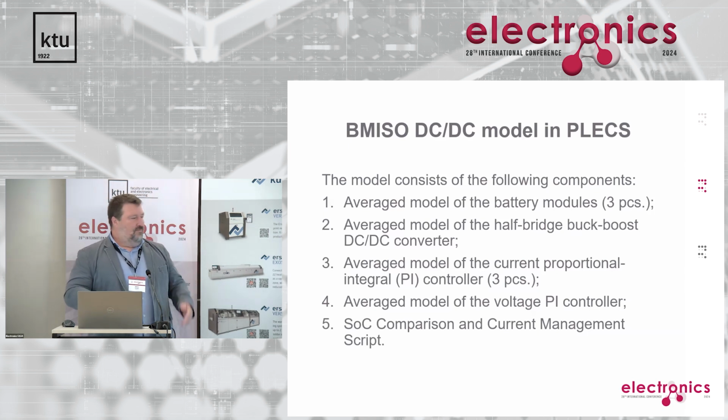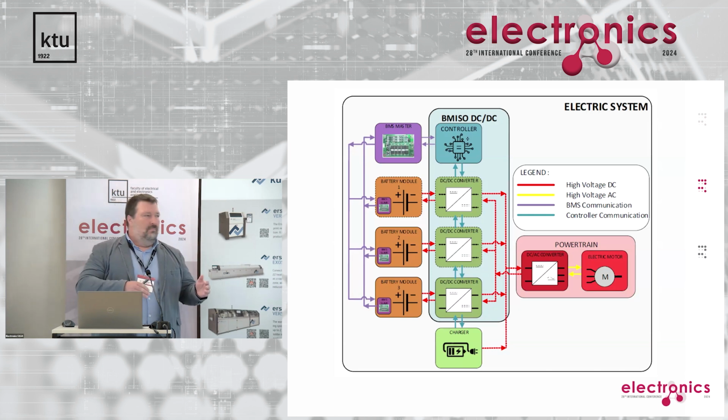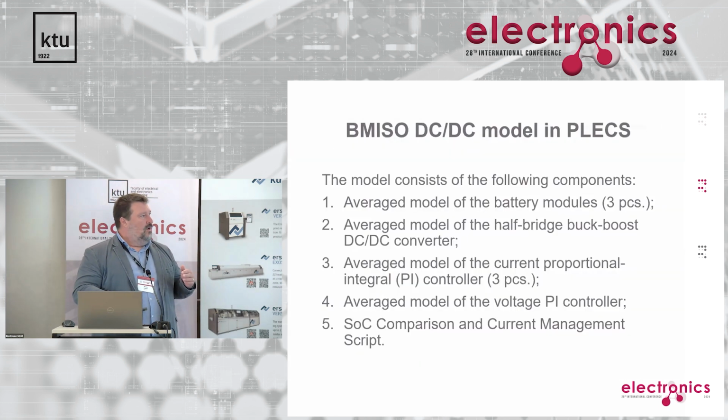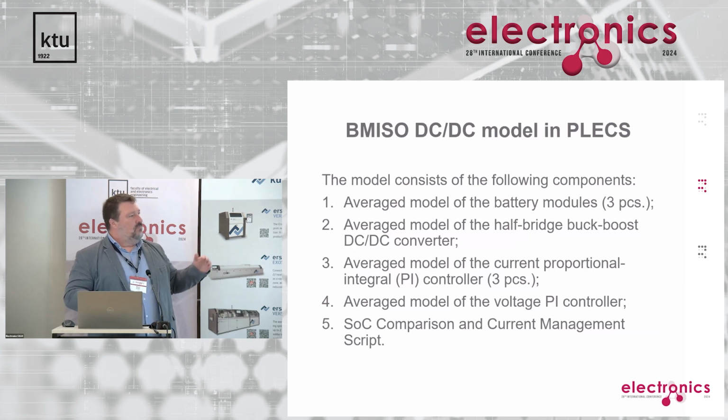Because if the state of charge of one module is very low, the voltage of this module is lower than this voltage. But if this one is fully charged, then its voltage is greater than this. So you have to have a buck converter if you are going down, and a boost converter if you are going up with the voltage or energy.